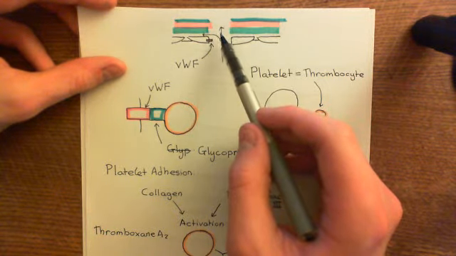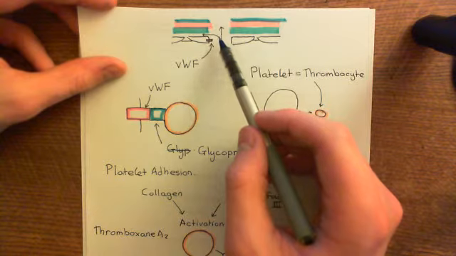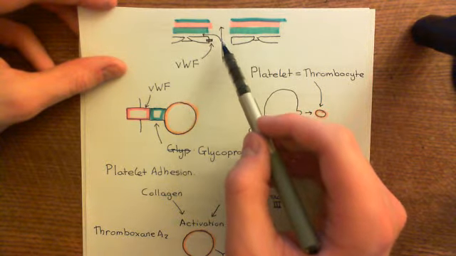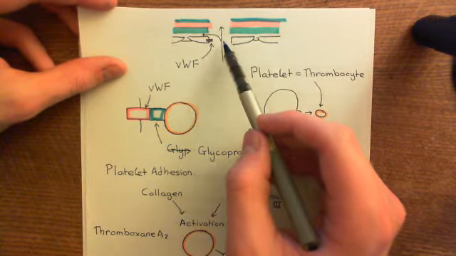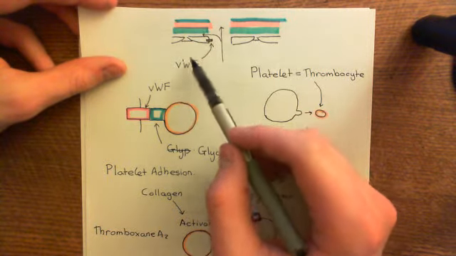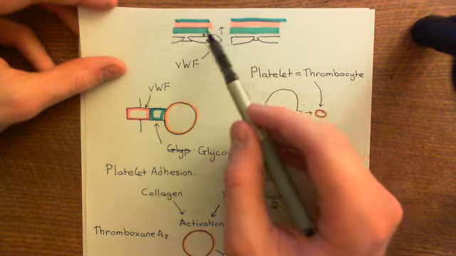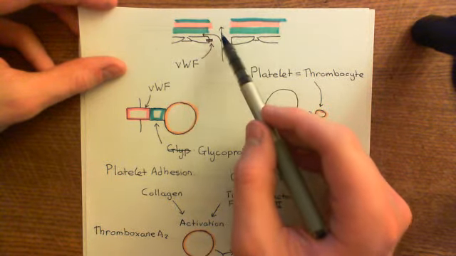Now the ADP then triggers a chain reaction by binding to ADP receptors on other platelets and triggering those platelets to undergo activation and start releasing ADP and thromboxane A2. And this results in all the platelets in the vicinity of this hole in the wall of the blood vessel releasing thromboxane A2.